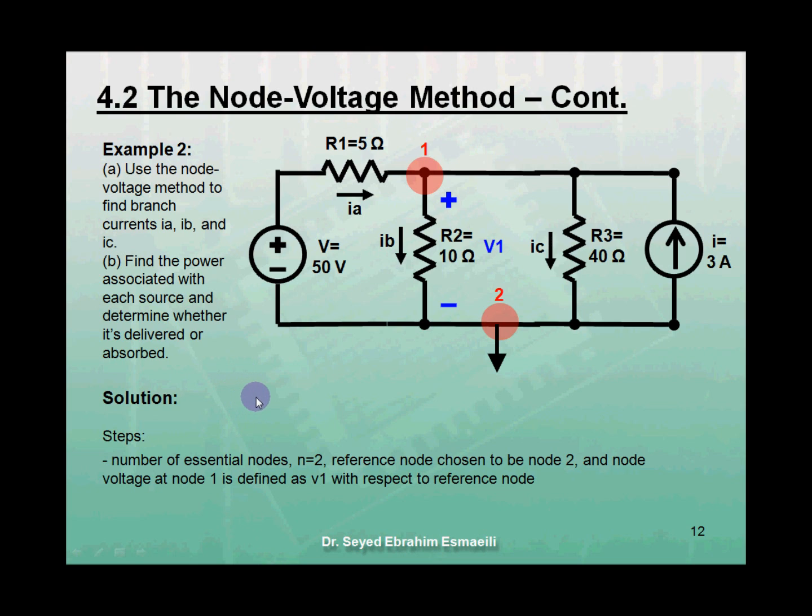We start our solution by noting that the circuit has two essential nodes, node 1 and node 2. We choose the reference node to be node 2, and we define the voltage at node 1 as V1 with respect to the reference node.